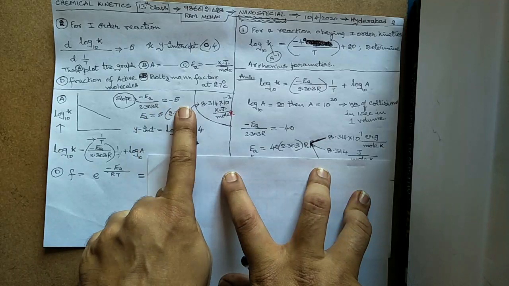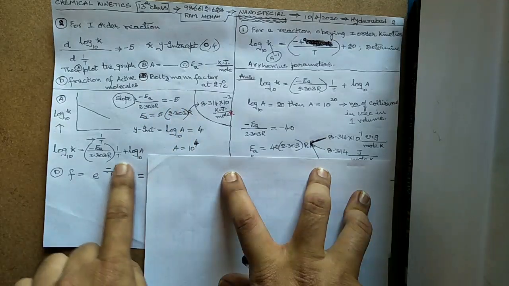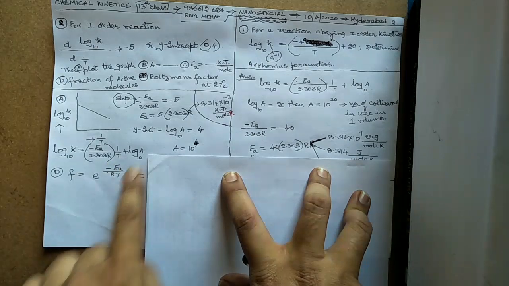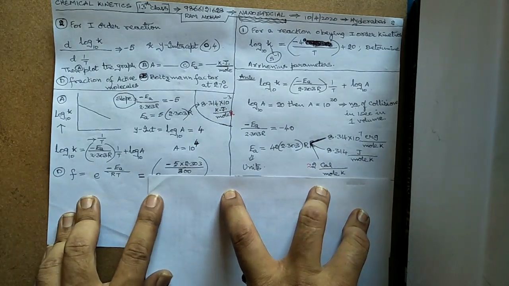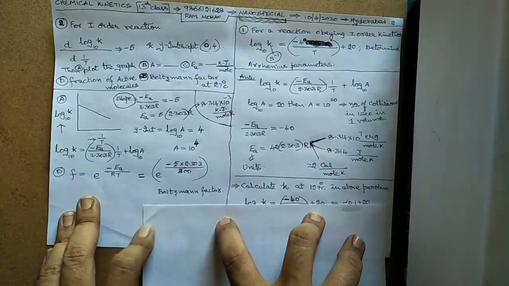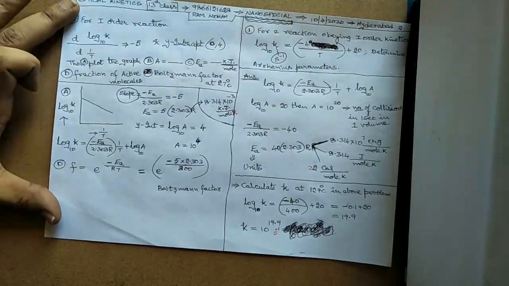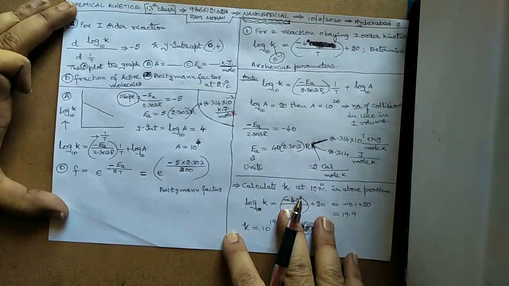It's 5 times 2.303, divided by temperature. They said temperature as 27 degrees Celsius, that is 300. So that's what we get as the power. So that's a Boltzmann factor.